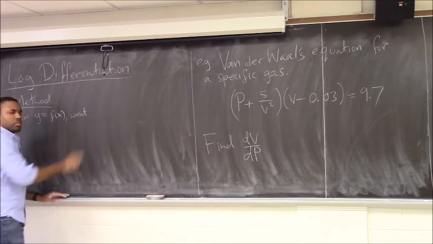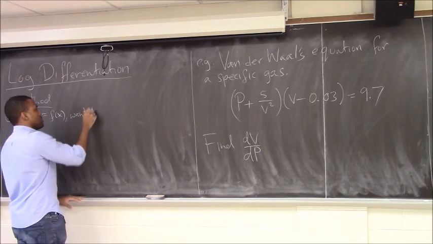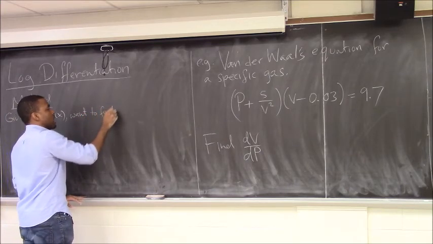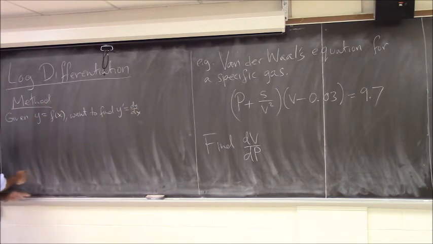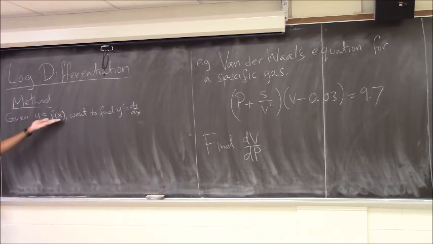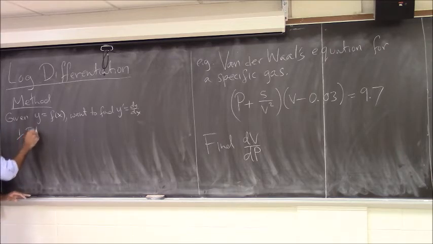It can probably work in some implicit cases as well, but let's keep it simple. Here's a method that could possibly work. You don't apply it literally every time. Sometimes if this is easy like x squared, you won't do this. But the method says the first thing you're going to do is take the log of both sides.